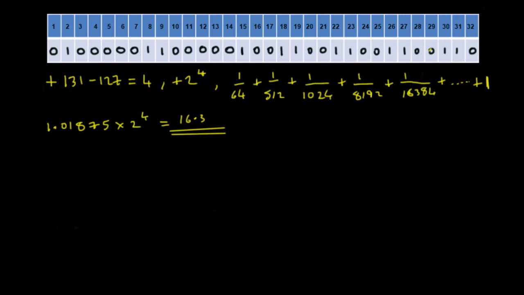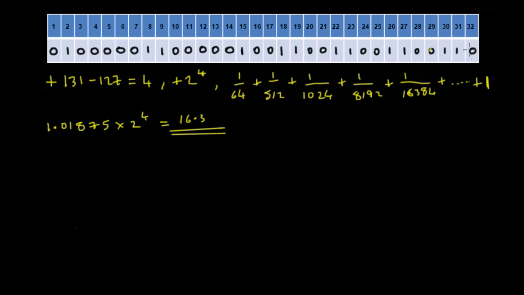So I've given you the exact answer here, which is 16.3. But if you were to actually look at the floating point representation, or the decimal representation of this floating point number here, you would actually get something like 16.2999937 something or other, because it would be an approximation, and we would be cutting off this repeating value here at the 32nd bit.